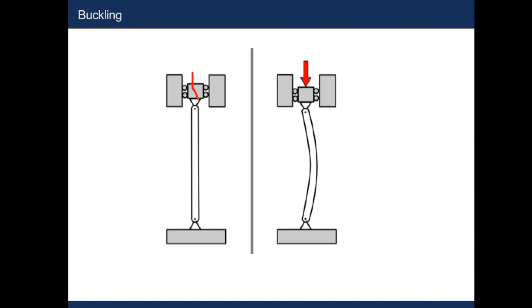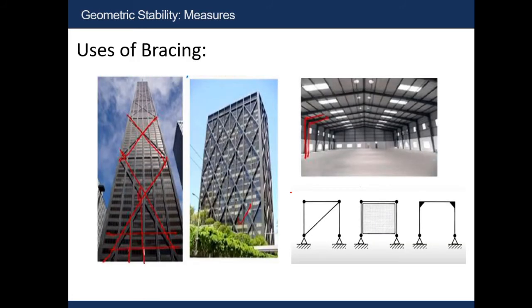When a load is being applied from this side, it will get compressed. After getting compressed, at some stage it will start buckling. So to be an ideal structure, it shouldn't be allowed to buckle. We should be careful about this property also.